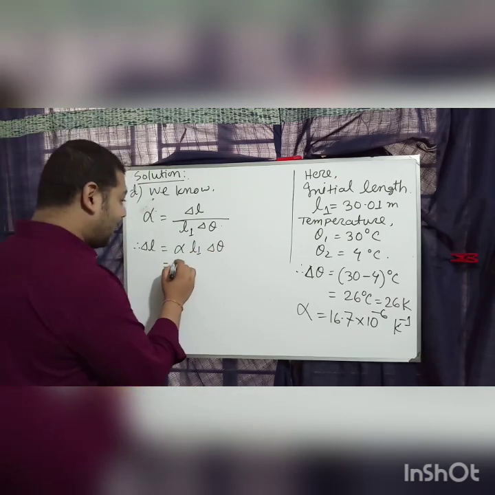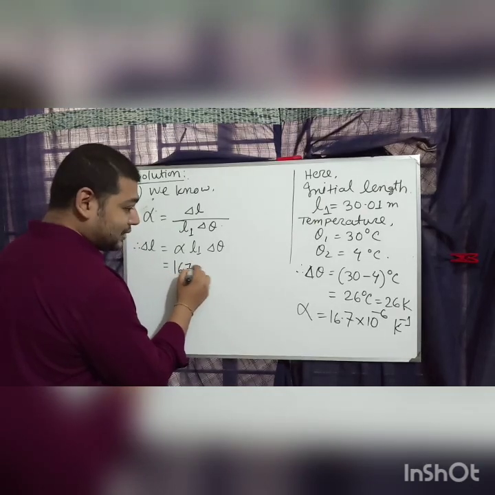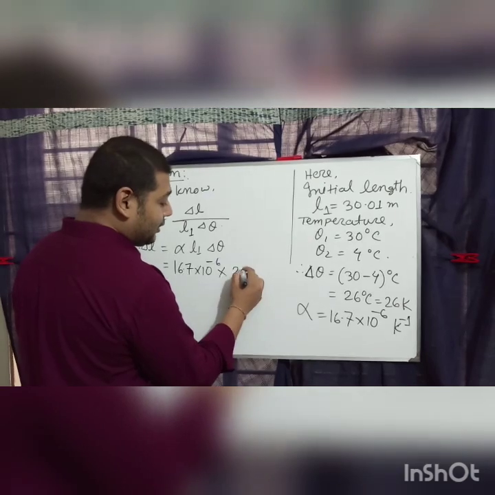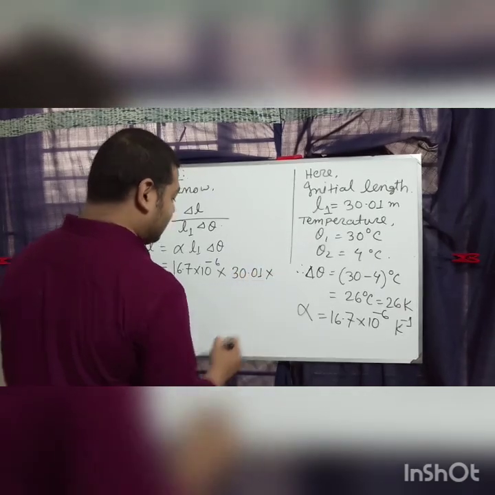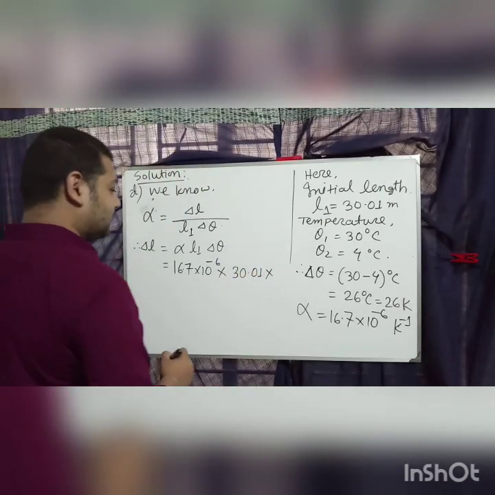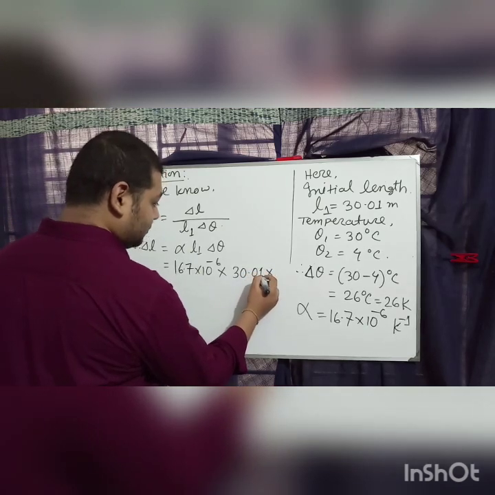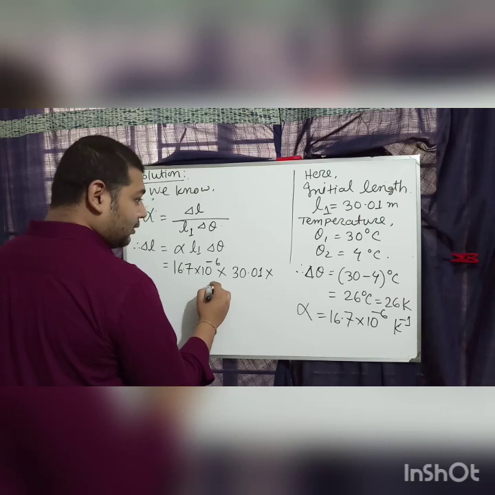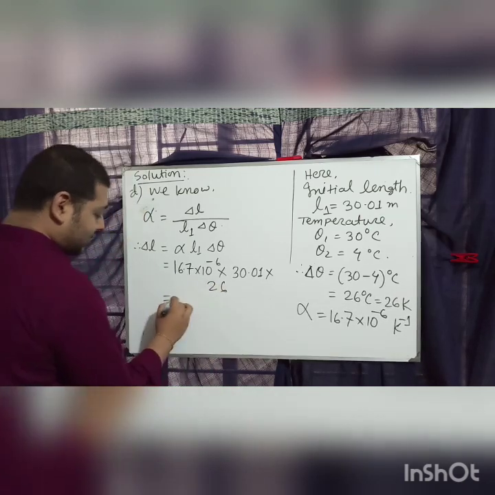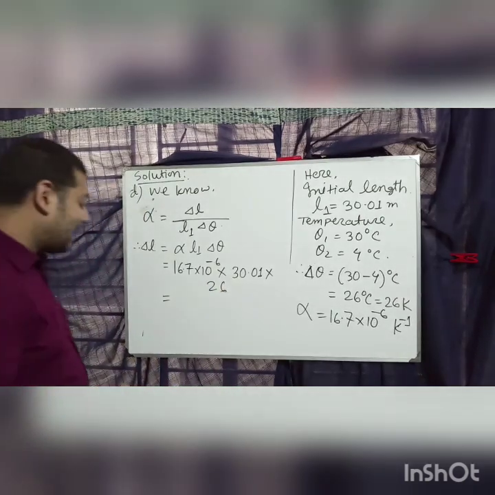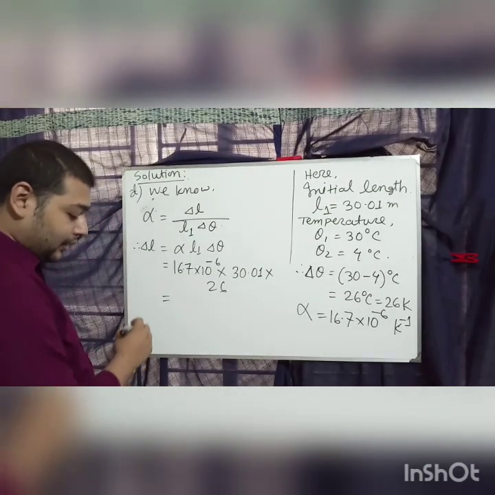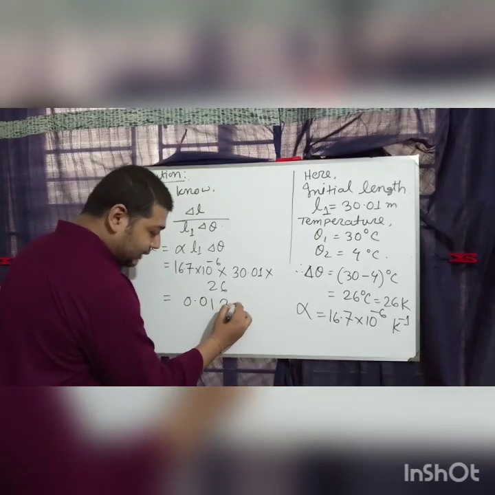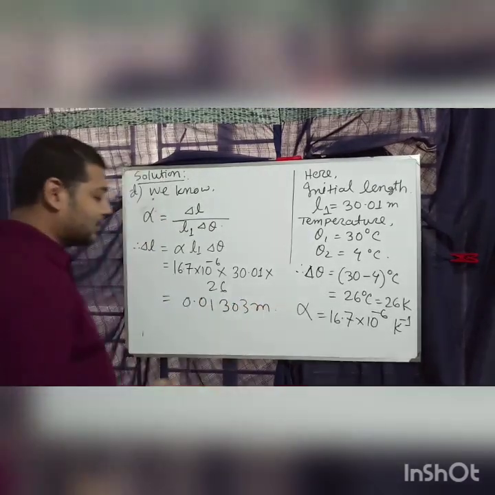So we can write 16.7 into 10 to the power minus 6 into 30.01 into 26. By calculating we get the answer 0.01303 meter.